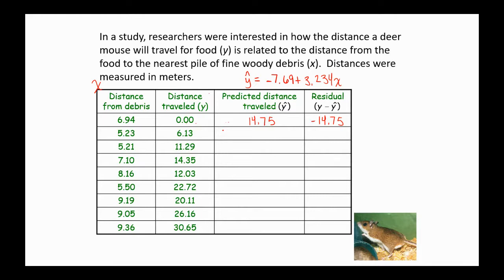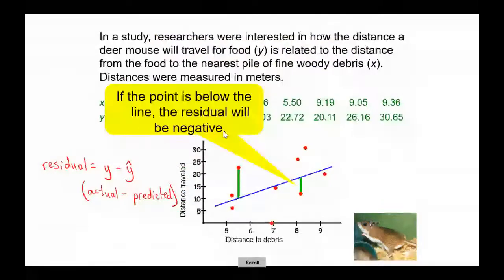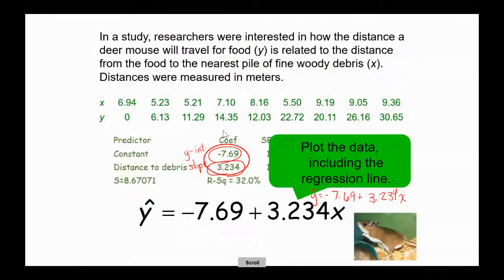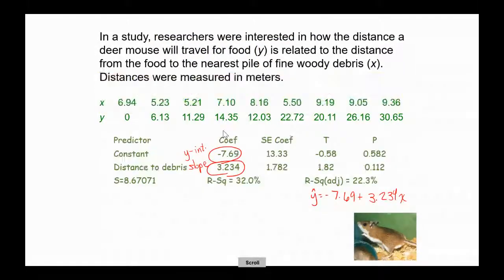So this equation we actually got from the output. Let me back up. We got it from this output. So, do you understand how to get this part? We're just using this same equation. Yep.